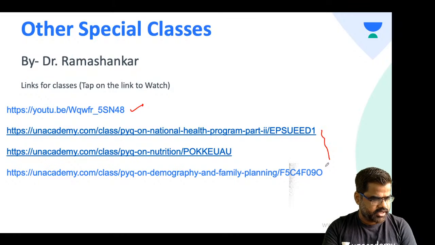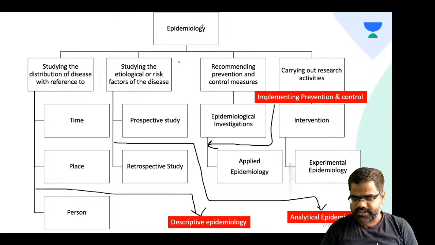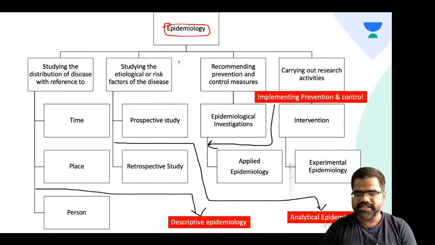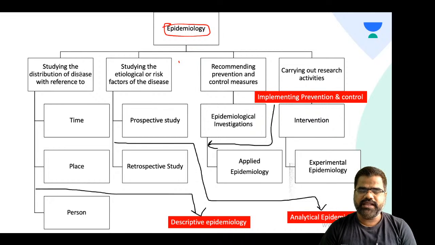Okay, so let's start. As you know, whenever we have to decide or study about epidemiological methods, can we understand in this way, students? Let's try to see this. So this is epidemiology. Can we study epidemiology as the study of distribution of disease? I want to study the disease distribution pattern, where the disease is happening, when the disease is happening, who all are affected.